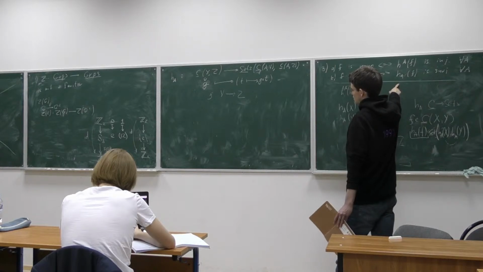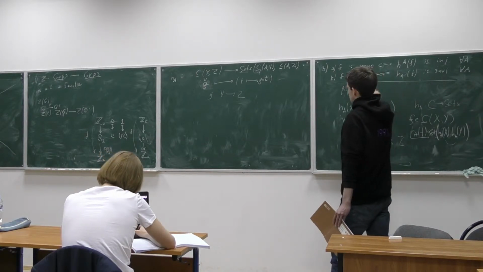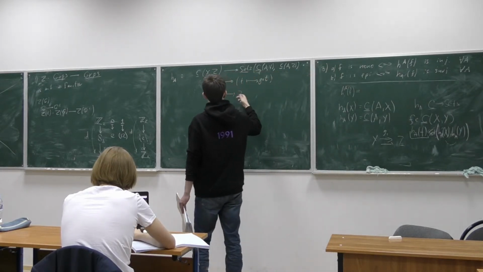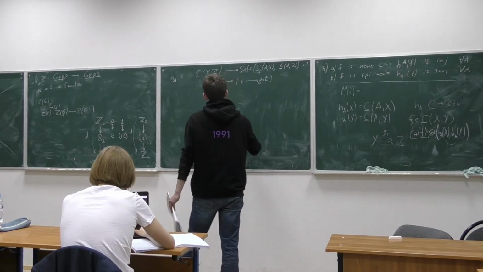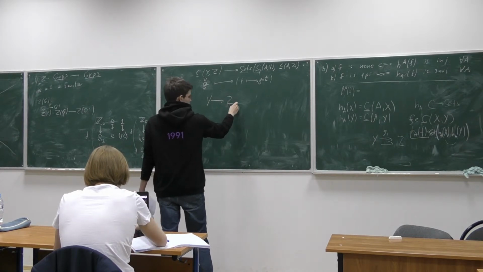You should just take G to be equal to F. Get HA. Okay, so this is surjective and we need to show that F is mono. I'm not even sure. So we want to consider this.